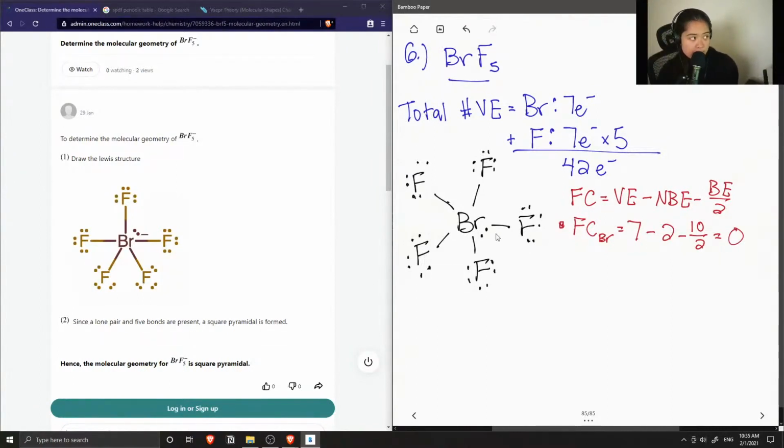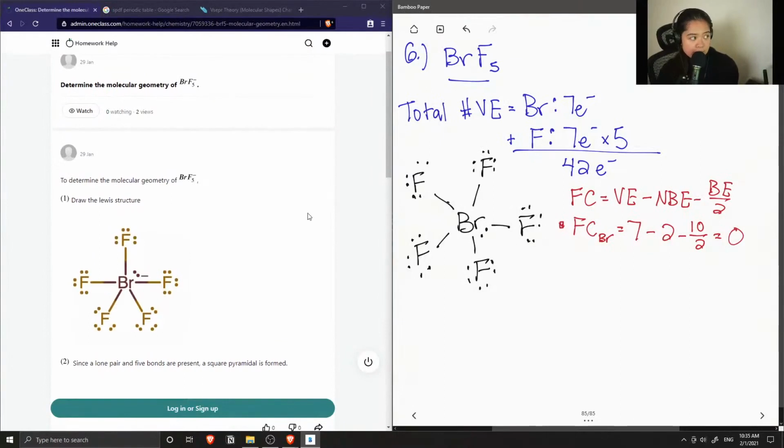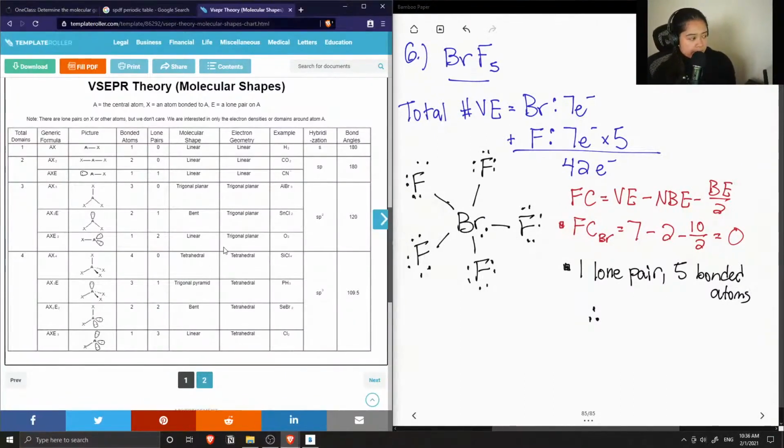Okay, so for the second part, for the actual question, we need to determine the molecular geometry. So let's analyze our Lewis structure. The bromine has 1 lone pair and 5 bonded atoms. And if we use a VSEPR theory chart, we can find out its molecular shape.